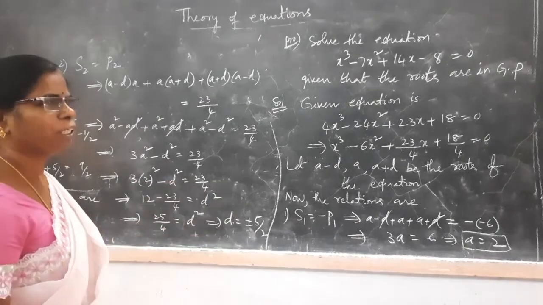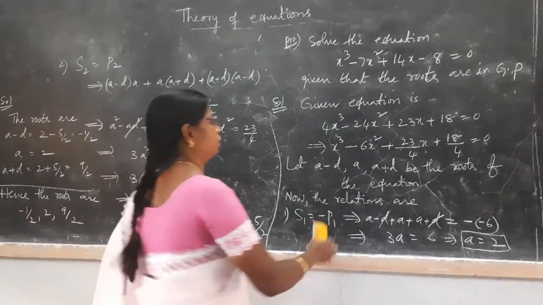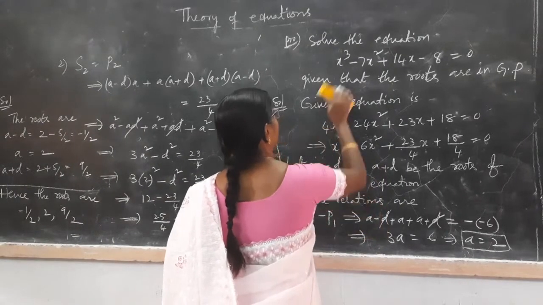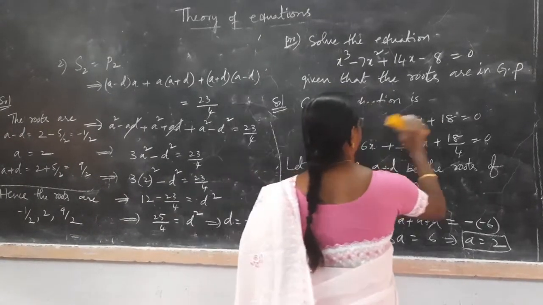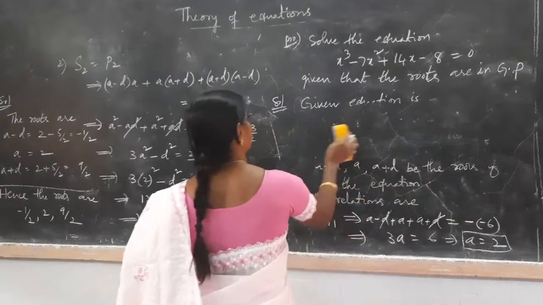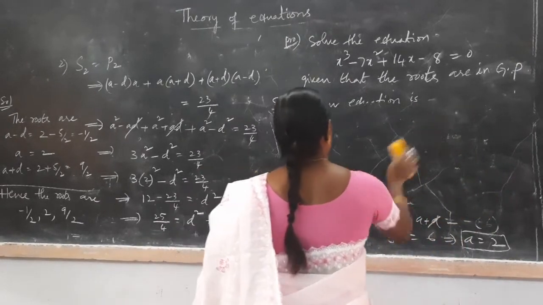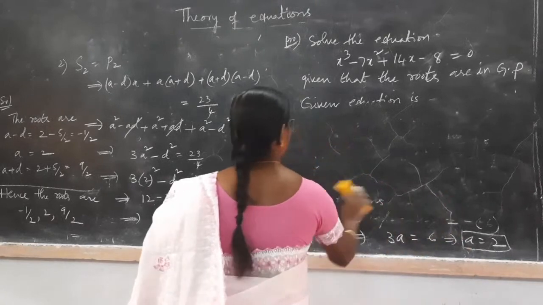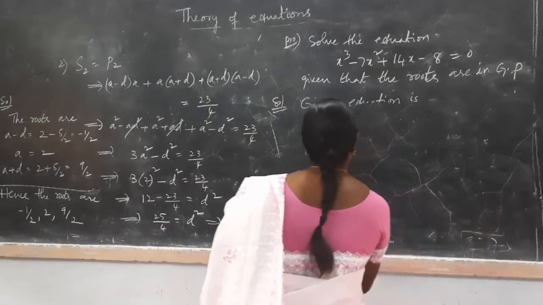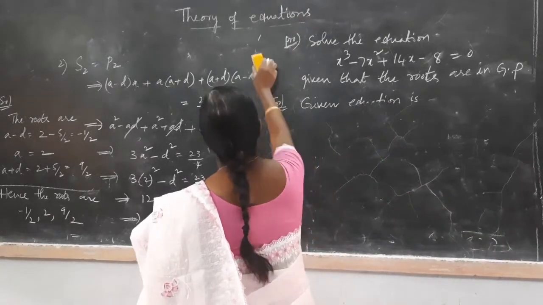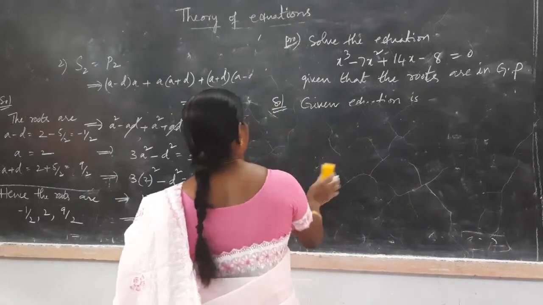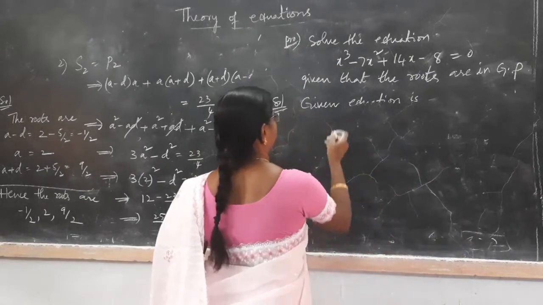So the common ratio should be common in GP. Okay, so I am going to solve this problem. Also very easy. These problems are important from the exam point of view.